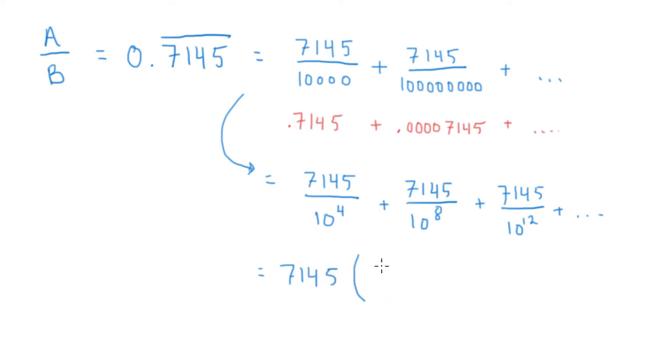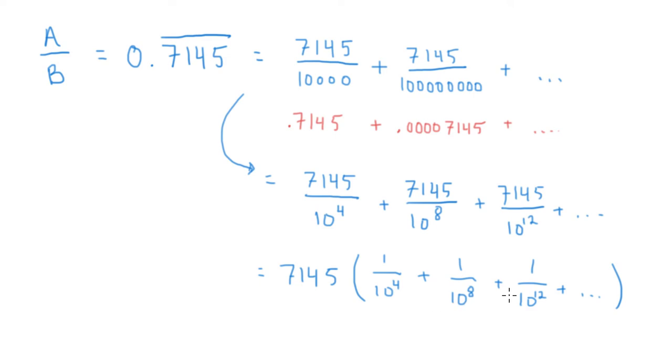And now I have 1 over 10 to the 4th plus 1 over 10 to the 8th plus 1 over 10 to the 12th, and so on. So what I really need to know is what is the sum of 1 over 10 to the 4th plus 1 over 10 to the 8th plus 1 over 10 to the 12th.